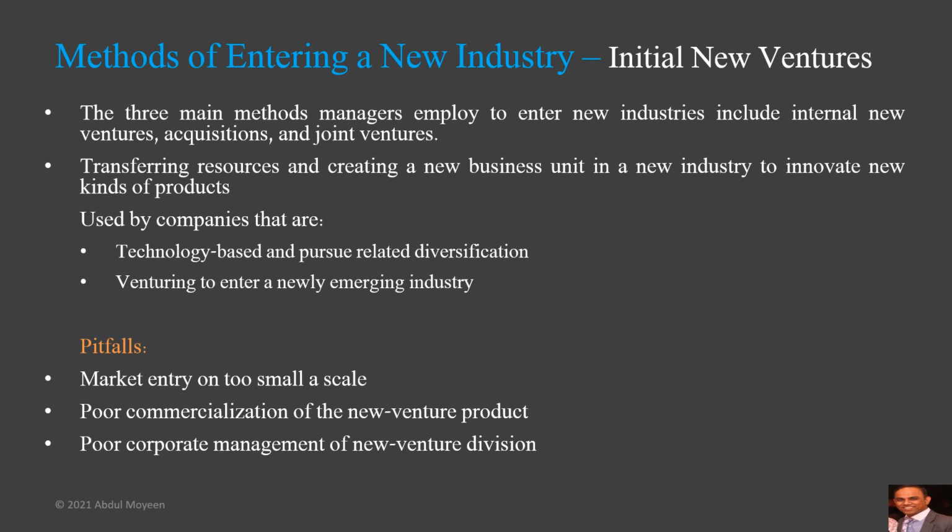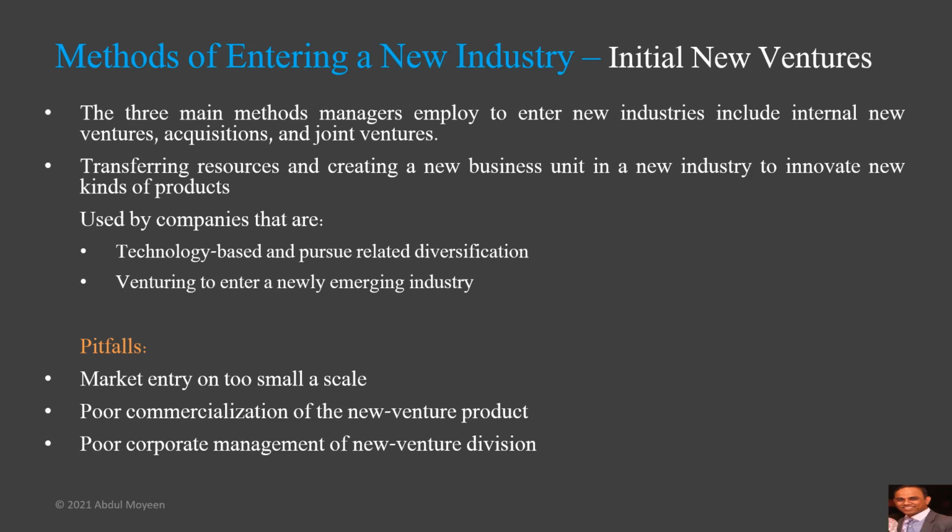So once a company decides to diversify, what kinds of strategies should they be pursuing to enter into the new industry? There are three strategies that companies can use to enter into a new industry.